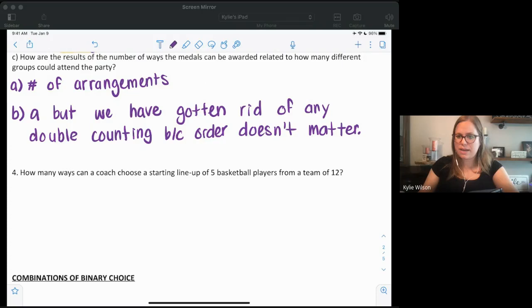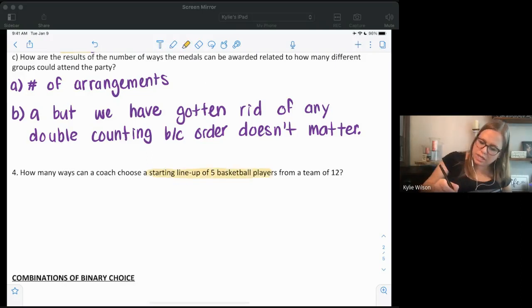So for 4, it says, how many ways can a coach choose a starting lineup of 5 basketball players from a team of 12? So because we're just choosing the group of players, we're not assigning them roles, we're just choosing them all. That means order does not matter. So we're just choosing a starting lineup.